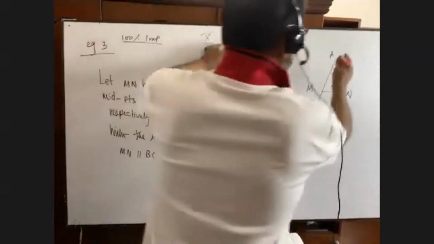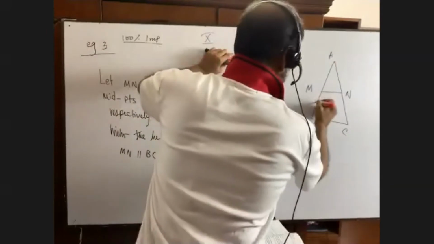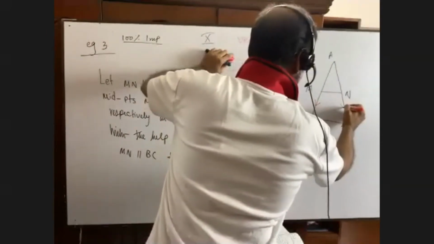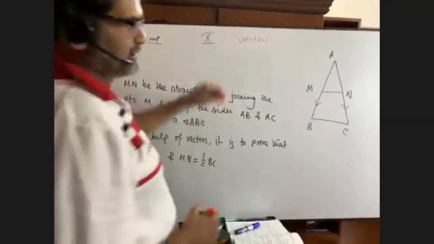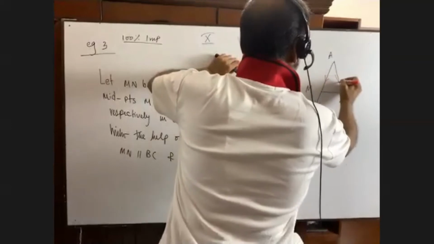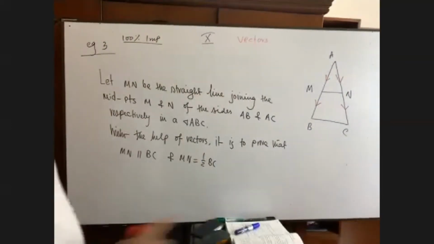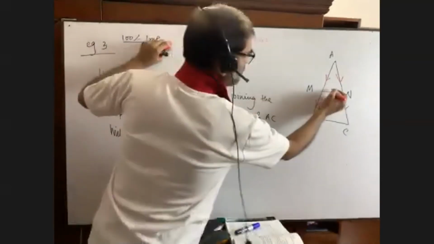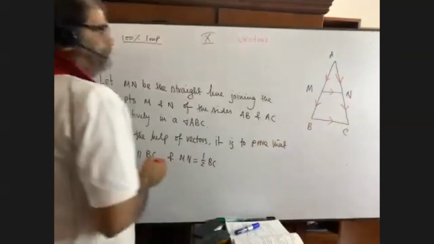Now from the initial point A, I have marked the vectors AB and AC. You see, it is in this way.